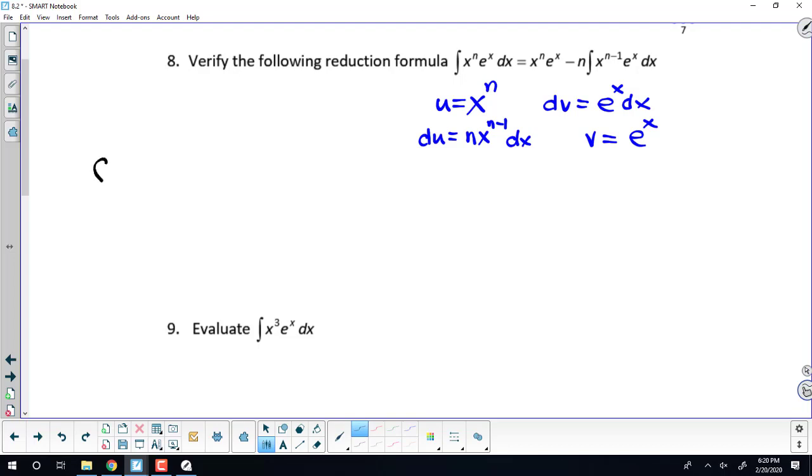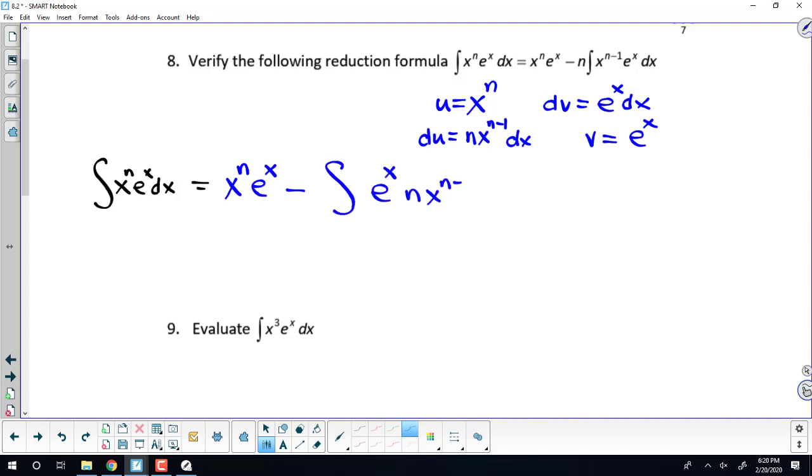So this integral, x to the n e to the x dx, is u times v minus the integral of v times du. So that's the formula, you verified it. The only difference is they've taken this constant and put it out front.